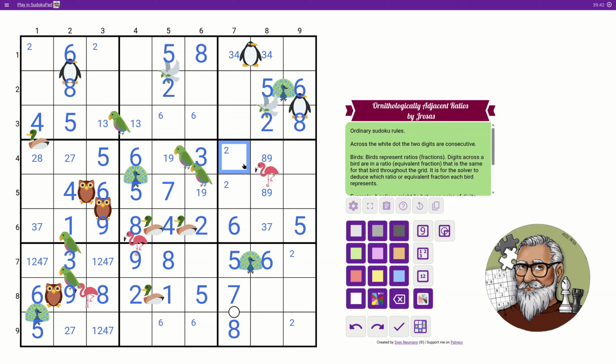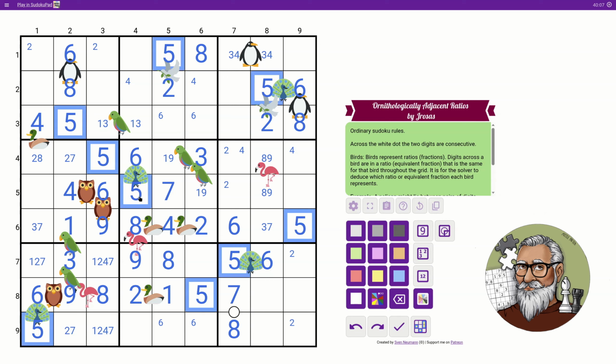One of these is 4. This isn't 4. Okay. What else? One of these 2 is 4. It's really not helping a lot, is it?